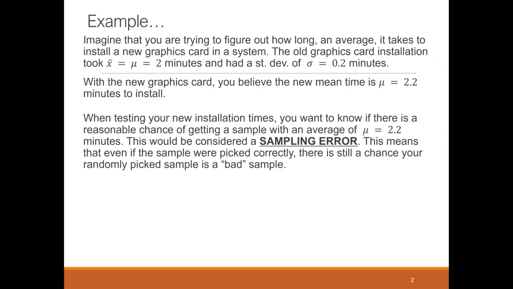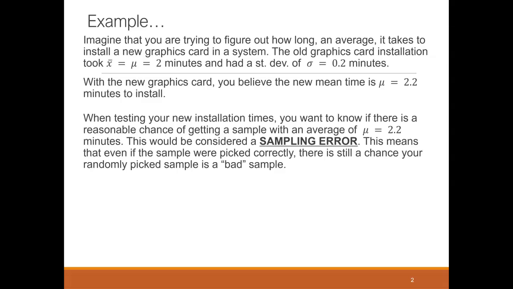If it's pretty likely that I could have also gotten a 2.2 mean from the old card installation, then is the new card installation probably really any slower? Probably not, right? If it's really rare that I could pick a sample of old card installations and get that mean, then there's good evidence that this new card installation is meaningfully slower.